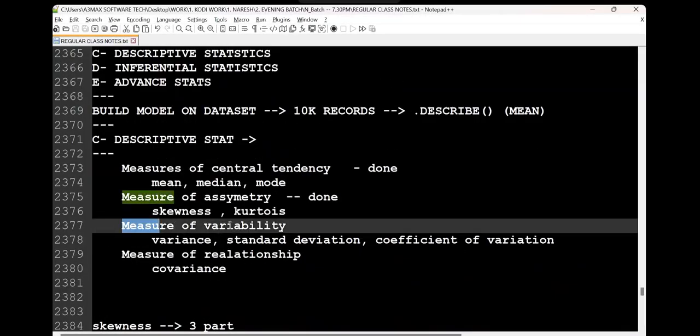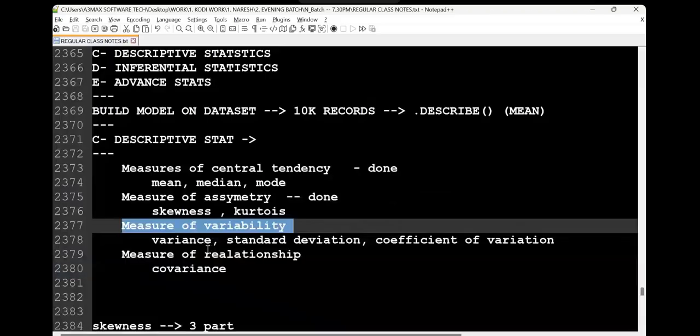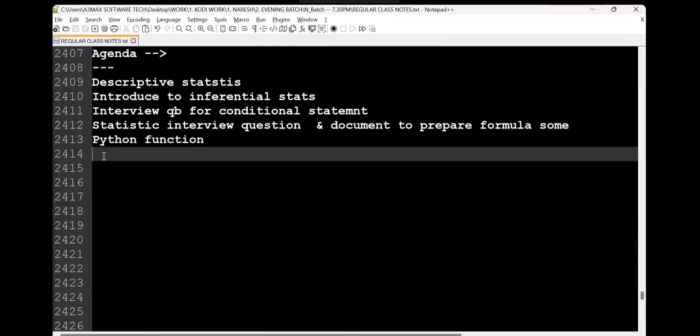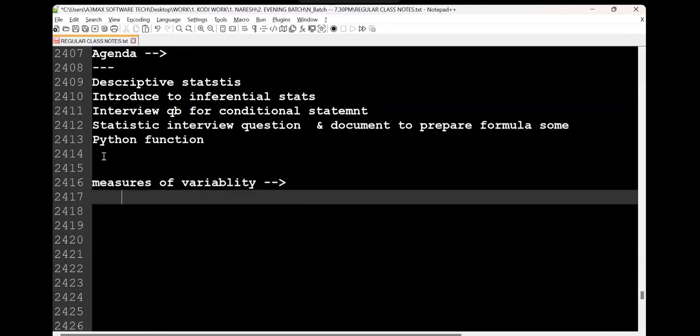Now, today's session: understand measures of variability. I'll write it down. This comes under descriptive statistics. In this measure, we have three concepts.